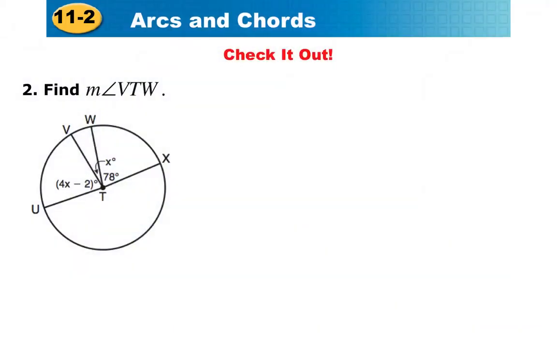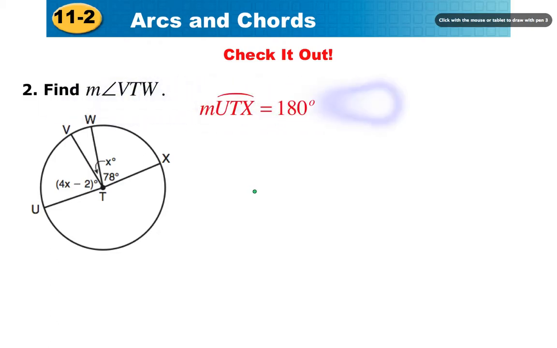Next problem. In this case, they want you to find the measurement of VTW, which is this center angle here. Notice that arc UTX is equal to 180 degrees because this is a diameter.